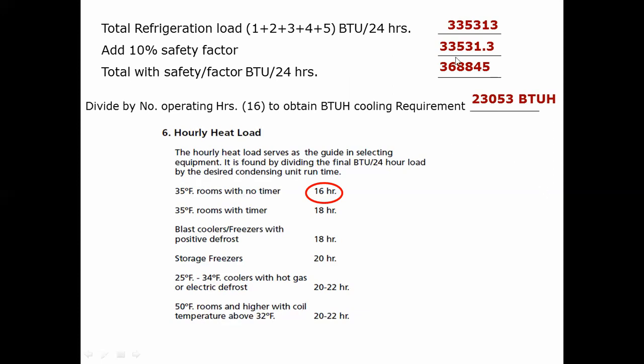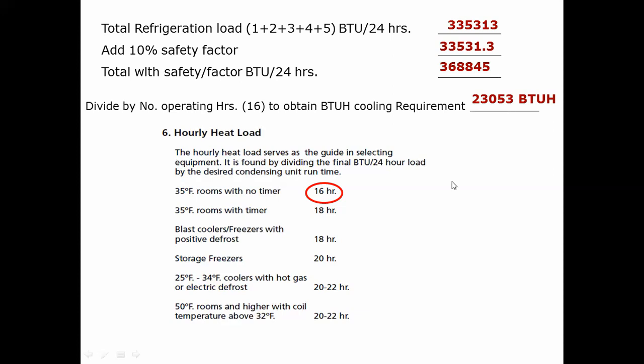Is there any doubt? What's the ton value? We're getting 1.92 ton. Just divide by 12,000.